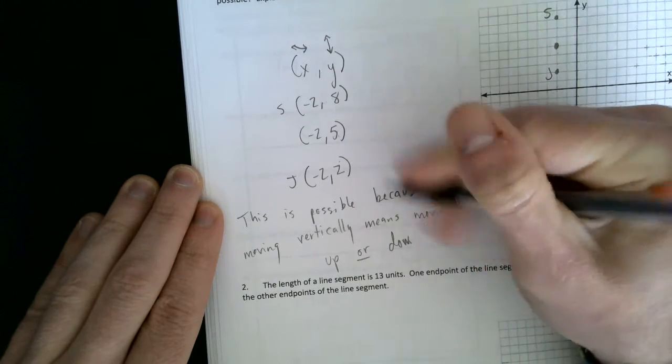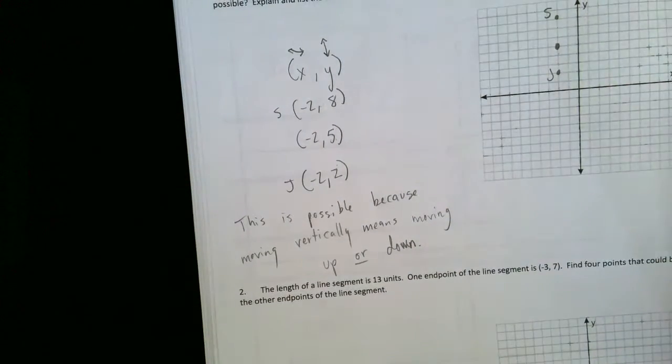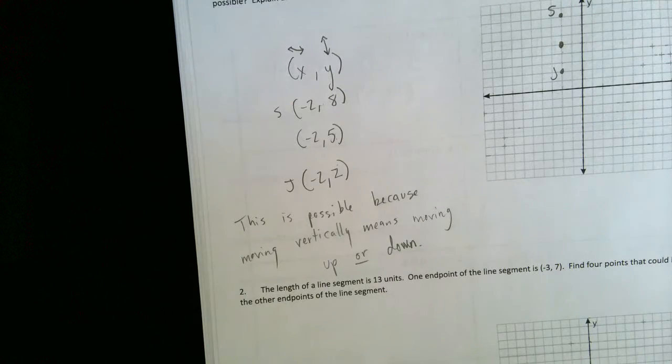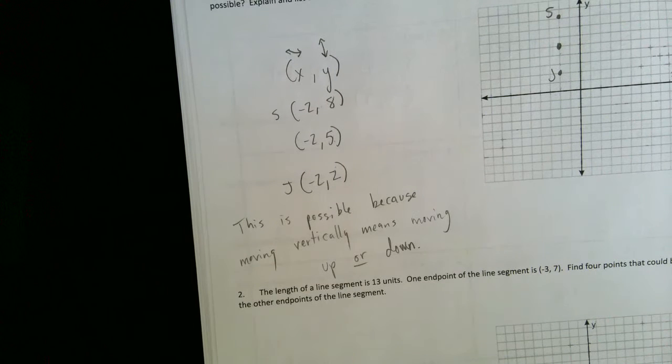So I think a lot of people associate vertical with up, but it could be up or down. So that's why they could have gotten to 2 different points starting at negative 2, 5.